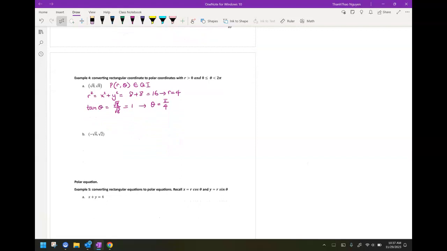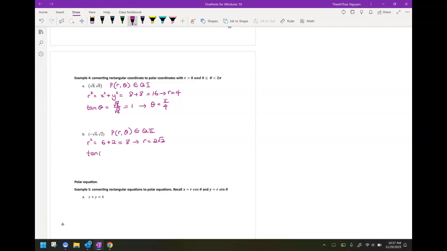Negative root 6 and root 2. So r squared equal 6 plus 2 equal 8. So r equal 2 root 2. This is a point in quadrant 2, so we have to go with theta accordingly.